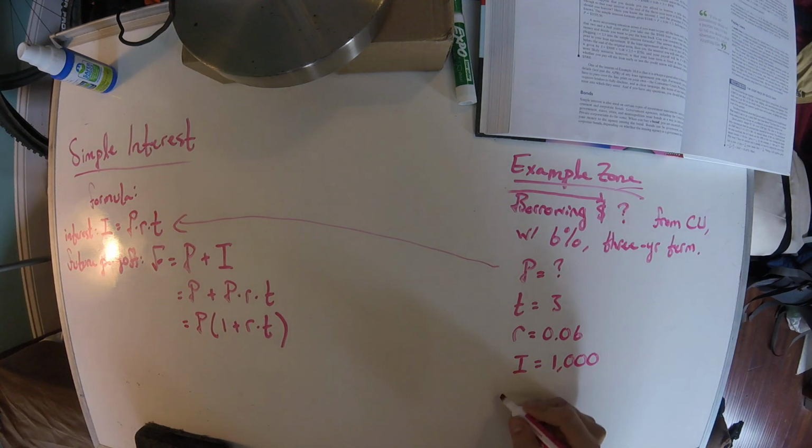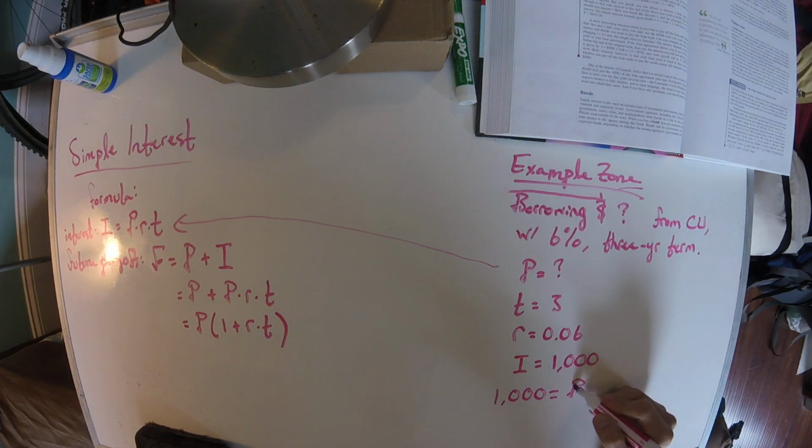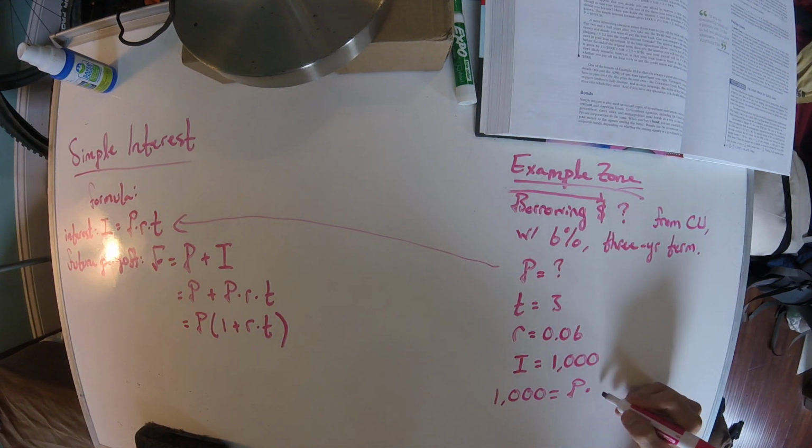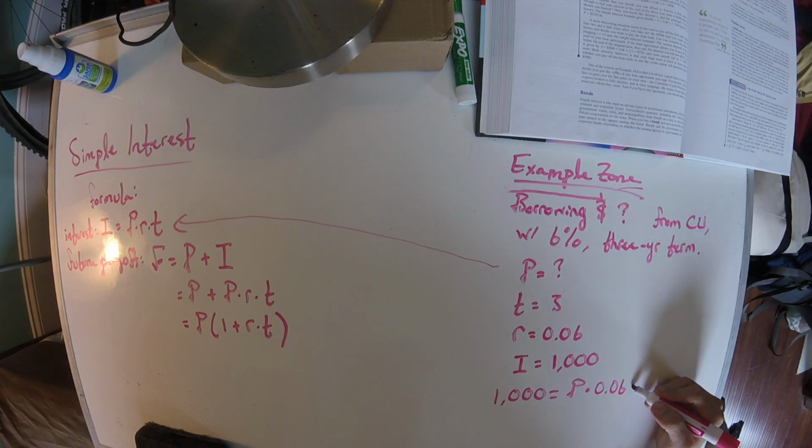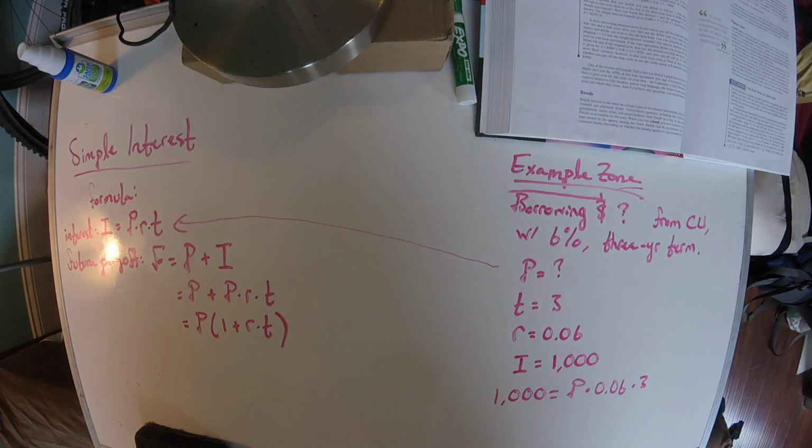So let's put 1,000, which is I, equal to P, which we don't know and want to figure out, times 0.06 times 3. Now the only thing that we have left to do is take these numbers and move them over to this side. And so we'll do that by dividing both sides by 0.06 and 3.